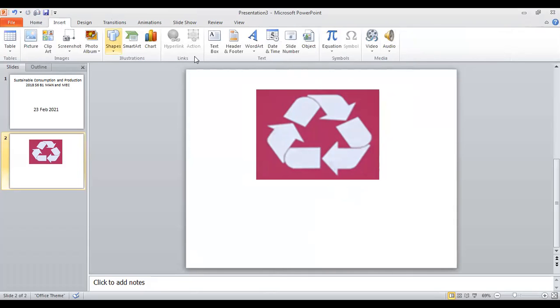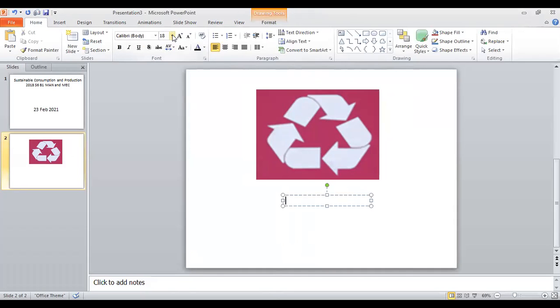What is this? What does this mean to you? Any idea? That's why sometimes the symbols are so common that whenever you see this, some meanings will come to your mind, definitely.